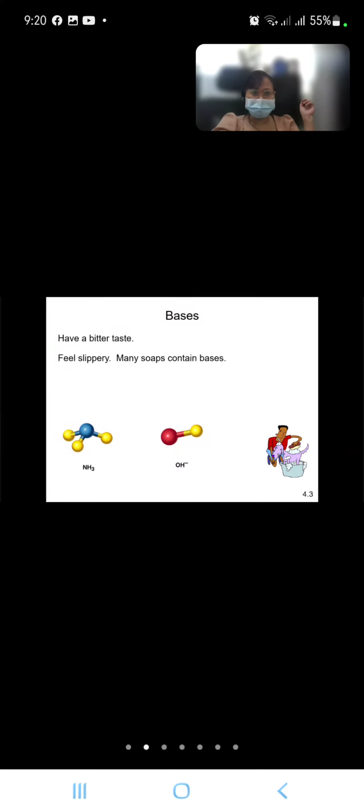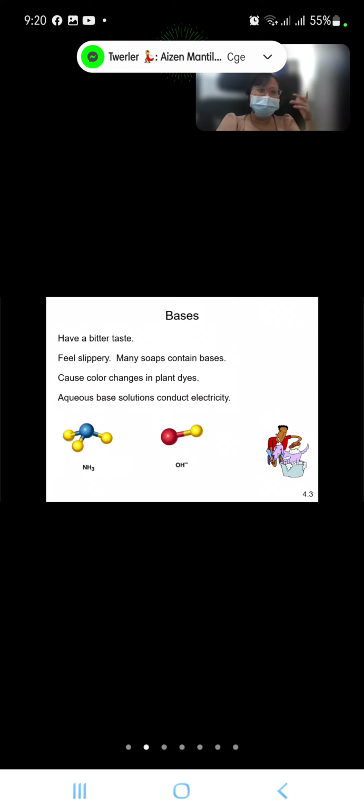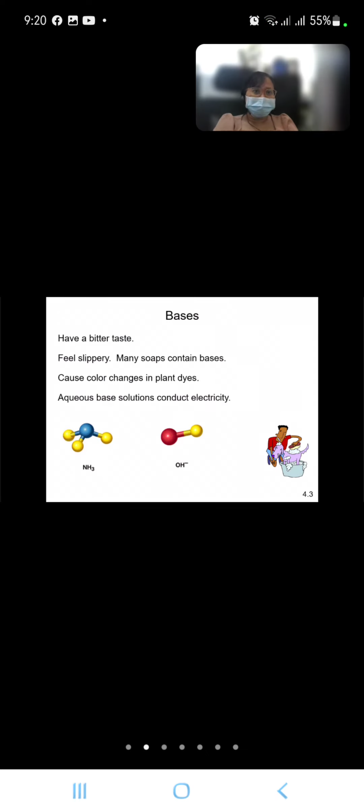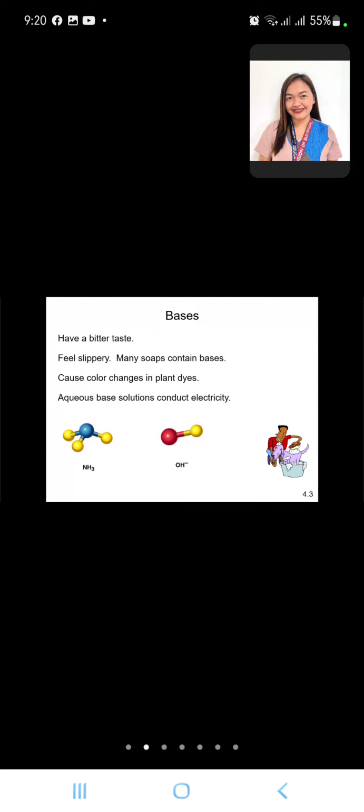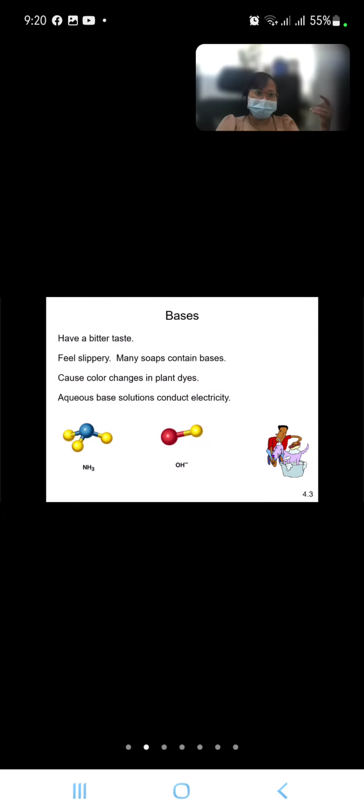So many soaps contain bases. Cause color changes in plant dyes. Okay, and for litmus paper, blue litmus paper remains blue in basic substances, and red litmus paper turns blue in basic substances.